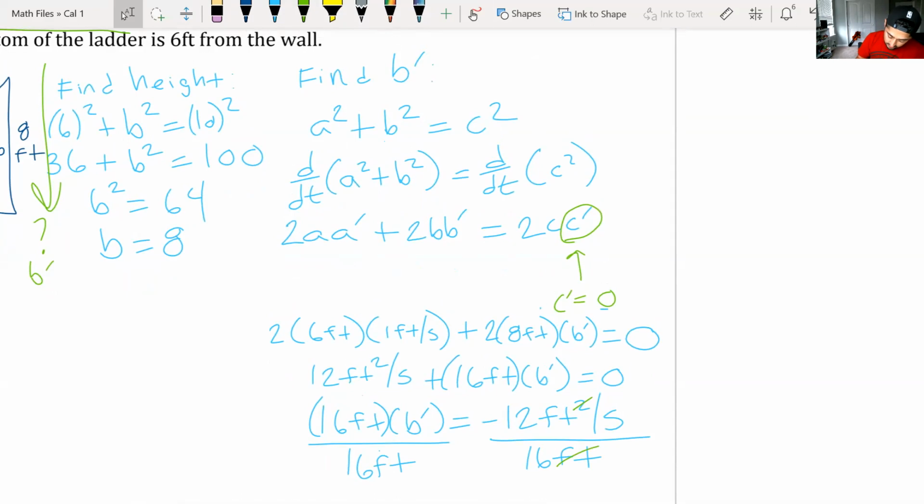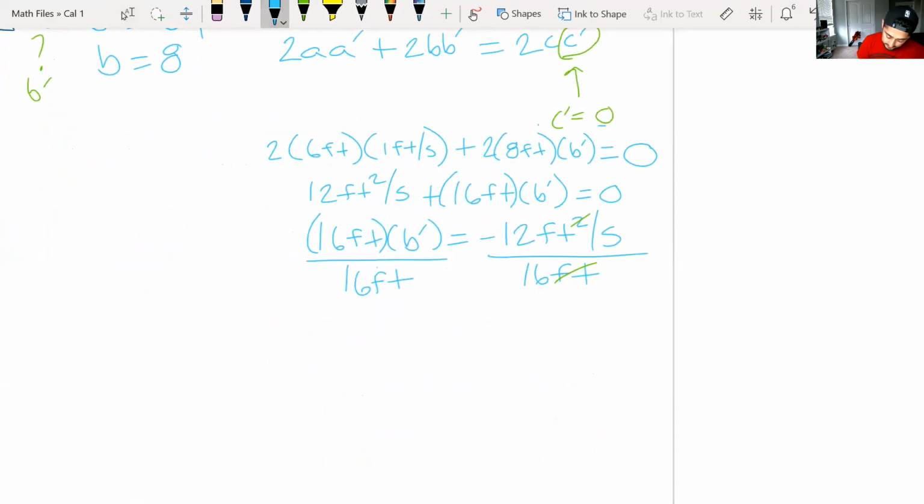And then what we are left with is B prime is going to be negative 12 over 16, or negative 3/4 feet per second. And yes, don't be afraid to change these into decimal numbers. So this can be just negative 0.75 feet per second.